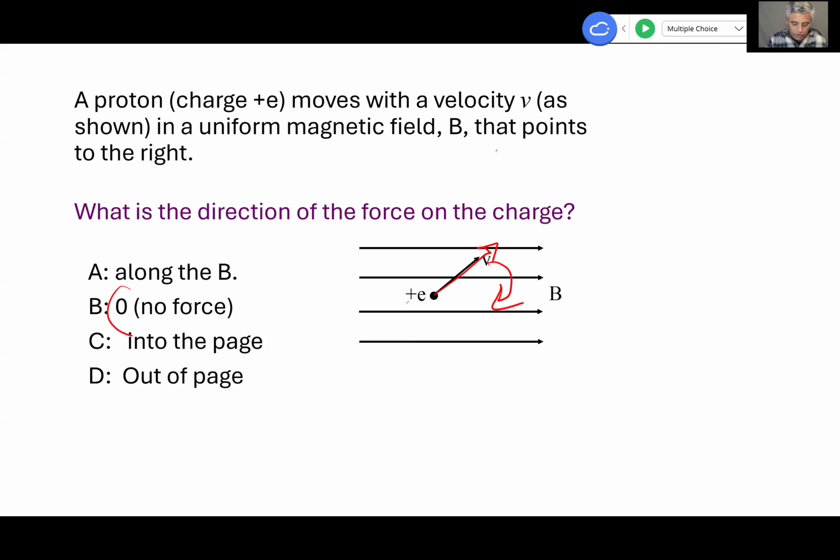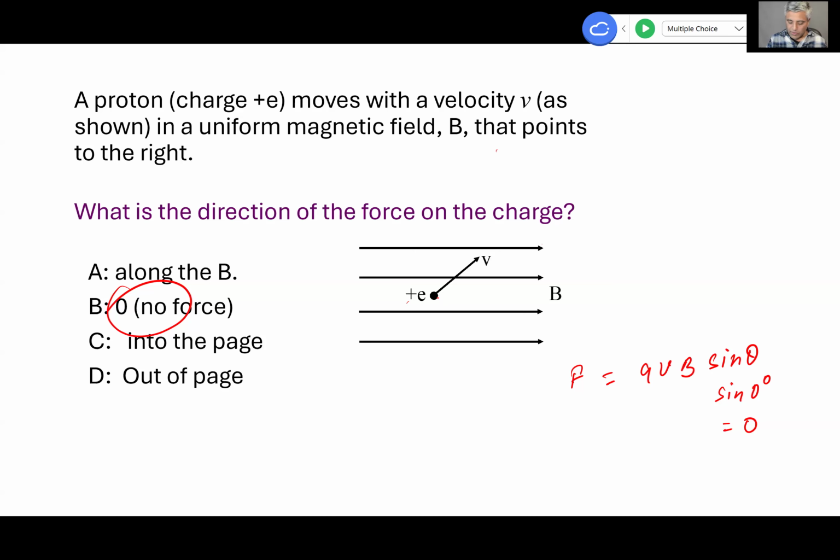And when is there no force? So in the video you saw it has to be 90 degrees, but the magnetic field B does not have to be 90 degrees. It can be any angle. If it is 0, then force is going to be 0, because remember the equation is QVB sine theta. So sine 0 degree is 0.